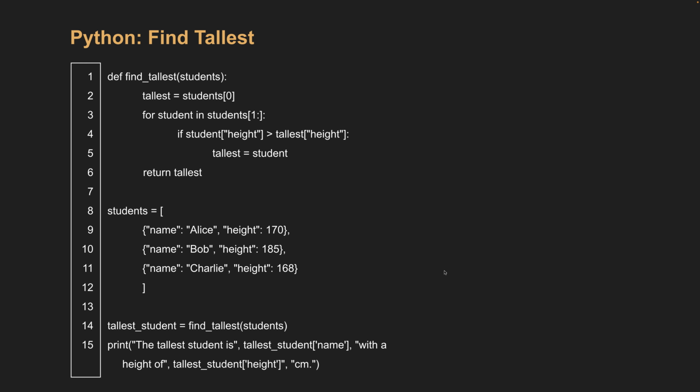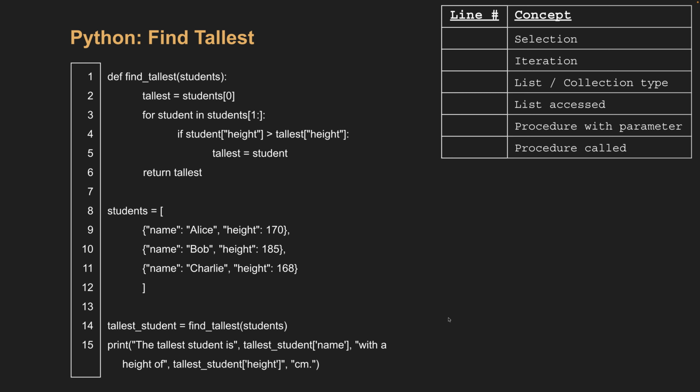And when I do that, I will access the height component against the tallest. So it's checking in students the first item, which again, each one of these represents one item, pairs. If that item's height is taller than the other tallest, then the student that is the tallest is now that student. So when it gets printed out, it's going to say their name. It's also going to say their height.